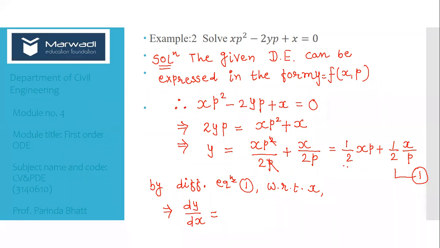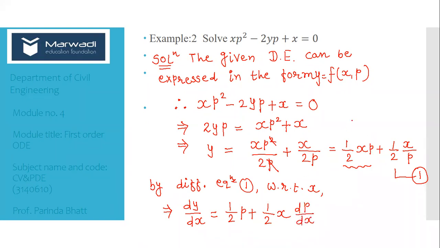Now here, using the multiplication rule, there are two terms, x and p. First we differentiate the x term. What is the derivative of x with respect to x? This is 1. Therefore, 1 by 2p. Now plus the same term: 1 by 2x as it is, and the differentiation of p, which is dp by dx.